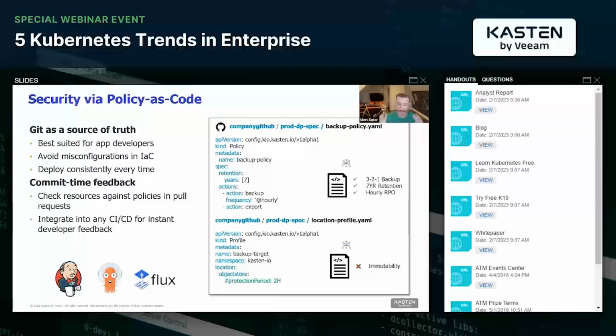So this can be done at commit time. This could also be done at deploy time through the Kubernetes admission controller. So again, as Kubernetes native resources, it's really easy to integrate your data protection with the rest of your overall security policy flow.